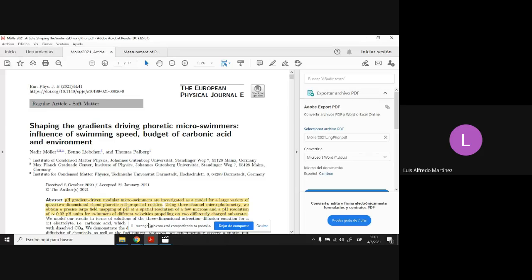In this work, the authors researched the phoretic motion, which relies on the slip velocity between the surface of an object and the adjacent fluid.